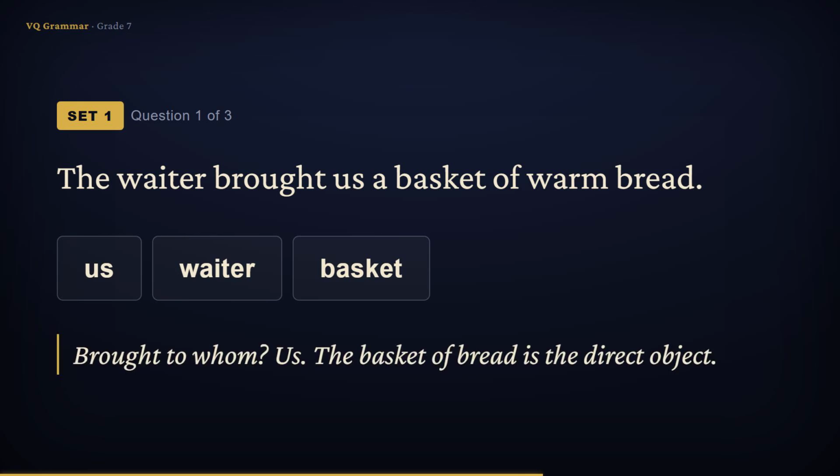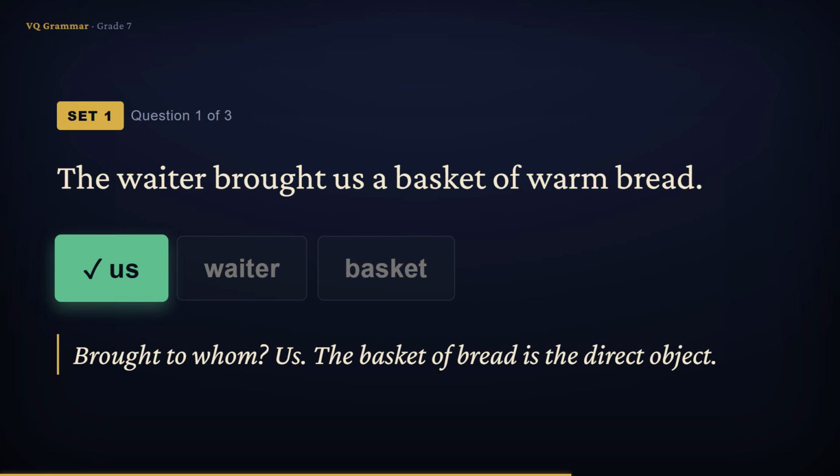Find the verb first, brought. Now ask, brought to whom? To us. The basket of bread is the direct object, the thing brought, and us is the indirect object, the ones it was brought to. So the answer is us.